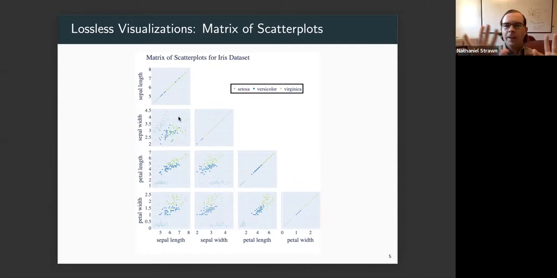And so your information about an entire data point is smeared across the image. In high dimension, a matrix of scatter plots will not really do the job that you want it to do. You can't connect the dots very easily.